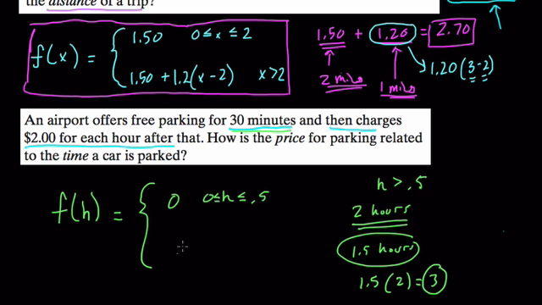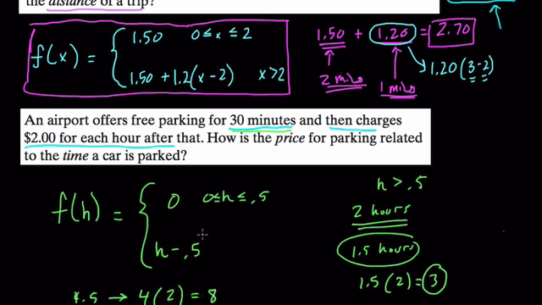So for the second part of the function, any amount of hours you have, just subtract a half an hour from it, and that will give you your cost. Like if I was there for 4.5 hours, I'd be charged for 4 hours times $2, which is $8.